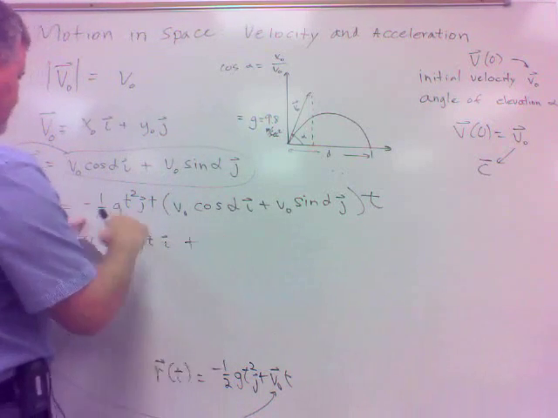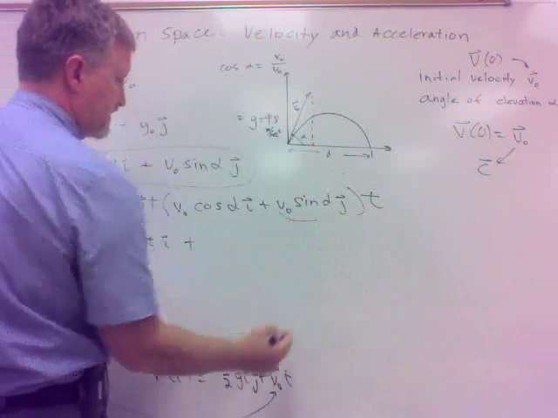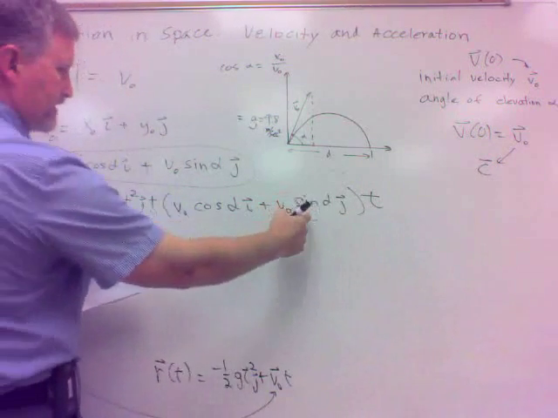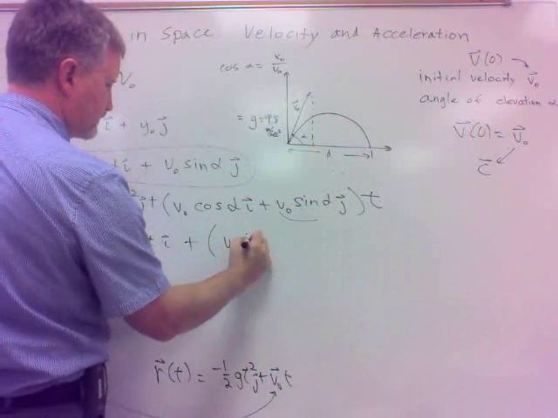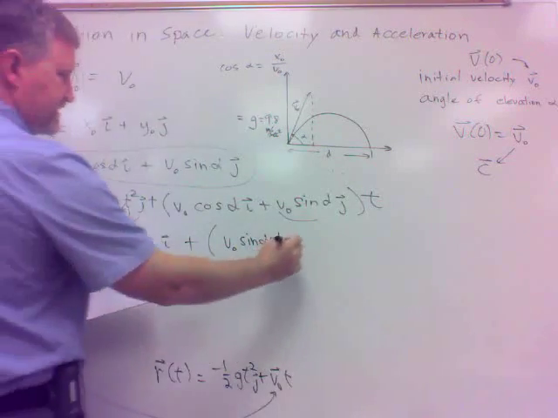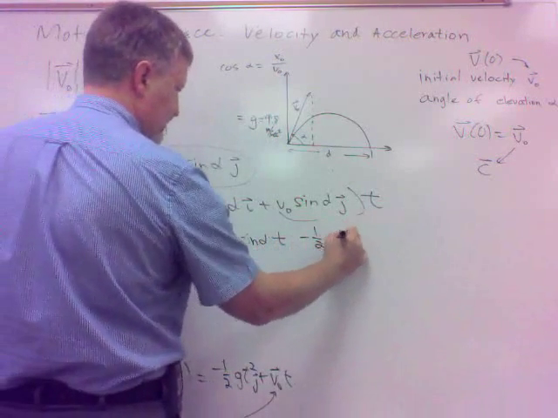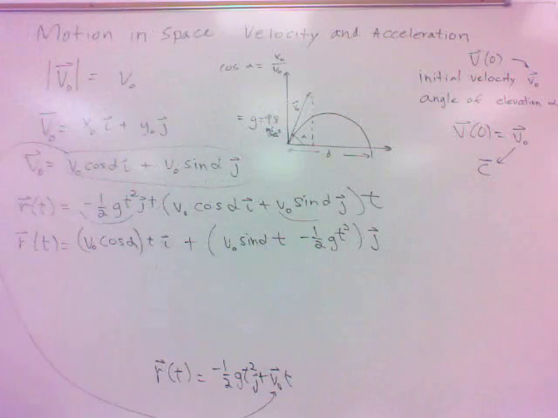You have this as part of the j component and then this times t, so I think they usually write it v sub 0 sine of alpha times t minus 1/2 gt squared. Isn't that the way they write it? Okay.